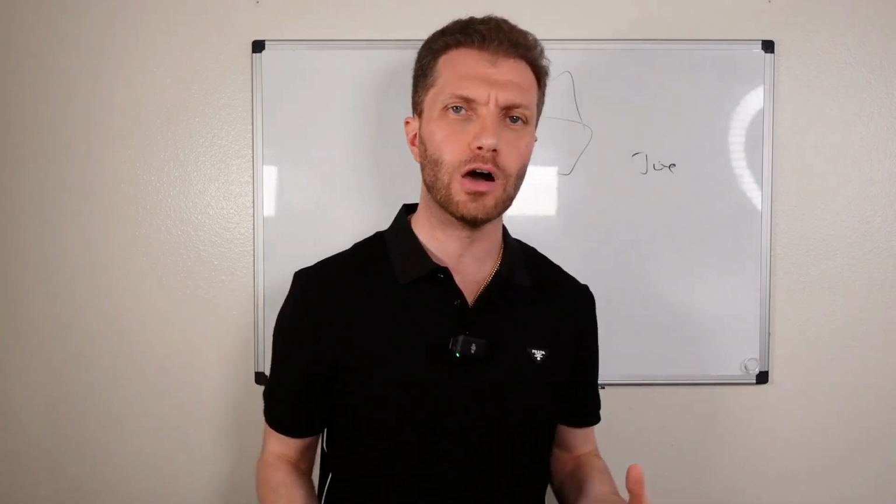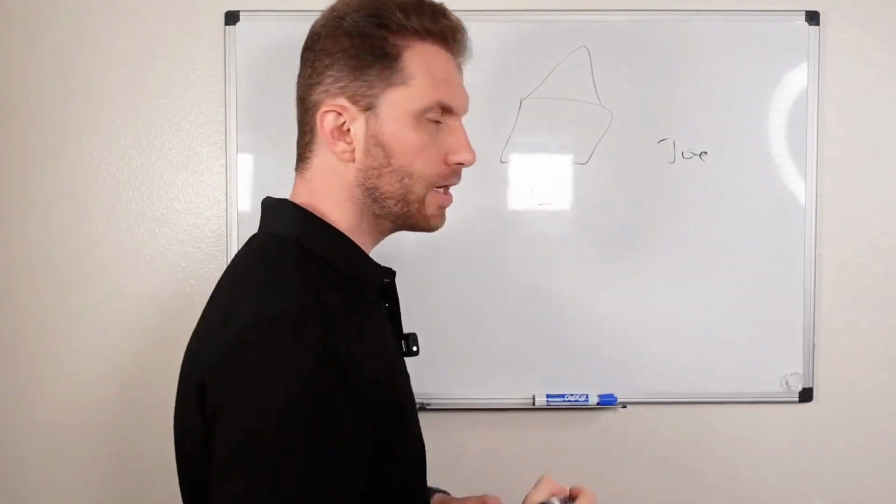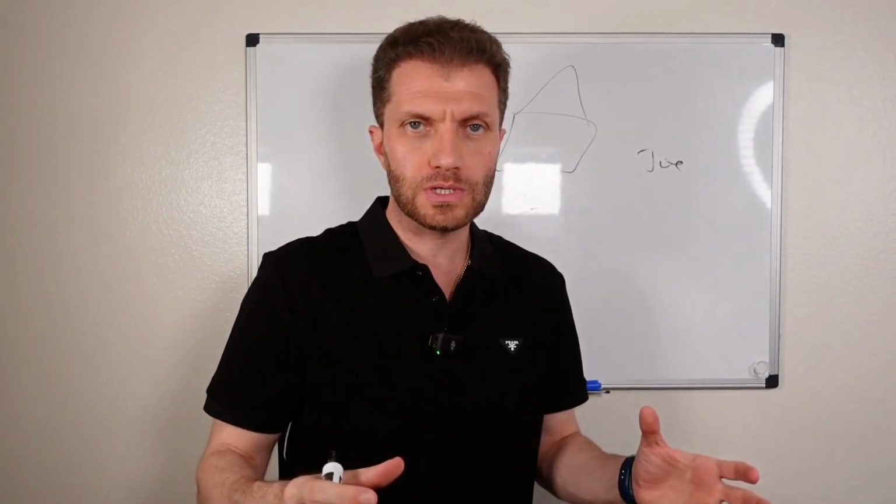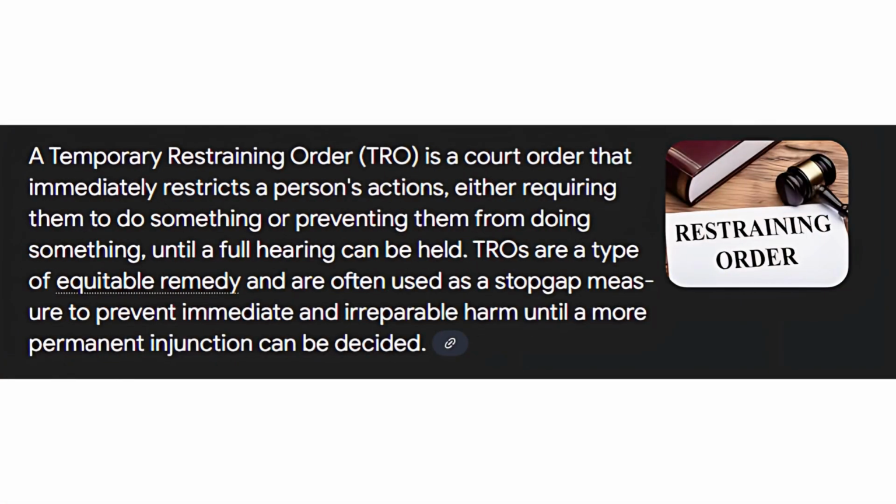Okay, so what's the option that we usually have? One, I probably would do something like maybe a TRO, temporary restraining order, and kind of not have the property go to foreclosure.